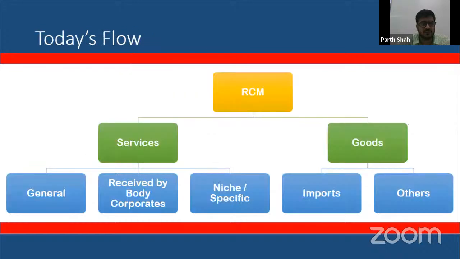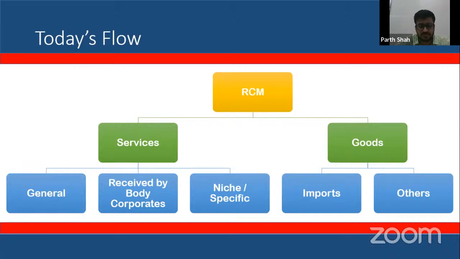Moving ahead, so how are we going to go ahead today? First, we are going to capture the services aspect of it, wherein I have divided it into 3 baskets: some general provisions which are applicable for everybody, certain RCM provisions which are specific for body corporates, and even further classification wherein some niche, specific sectors are targeted for RCM provisions.